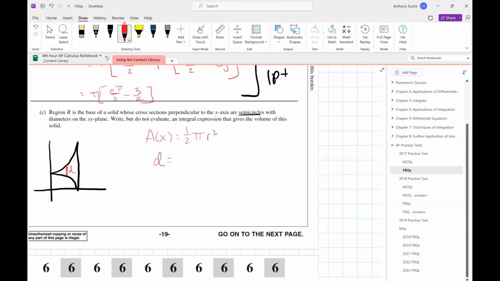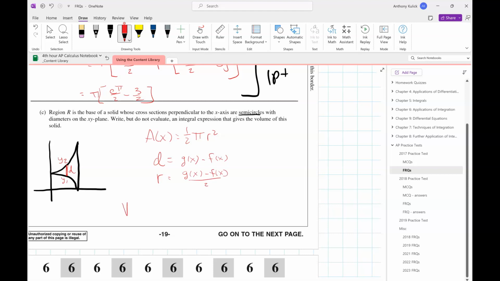Now my diameter I'm going to get by taking this y and subtracting that y from it, correct? So that y2 is g of x and y1 is f of x. So what's the radius then if the diameter is g of x minus f of x? It's divided by 2, right?